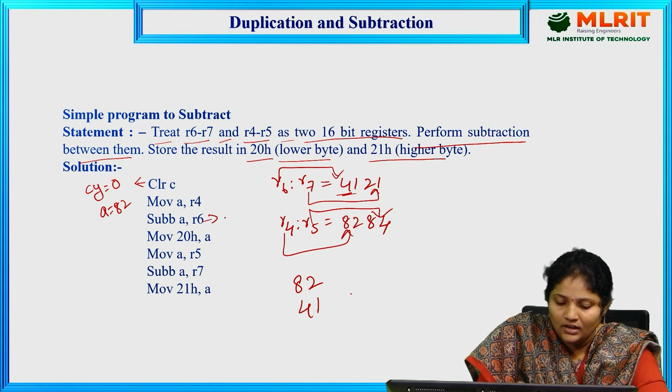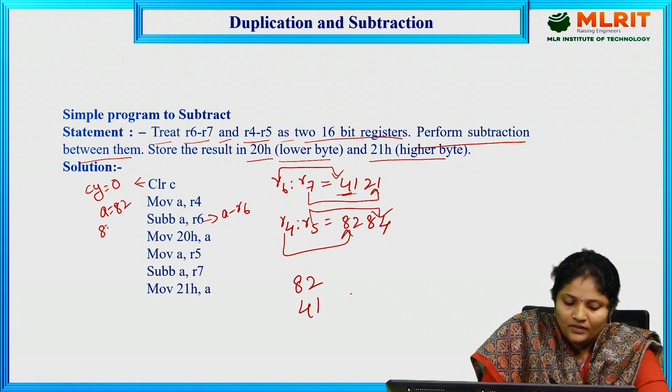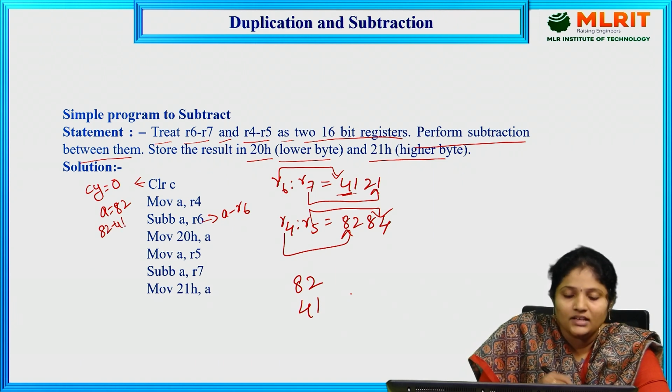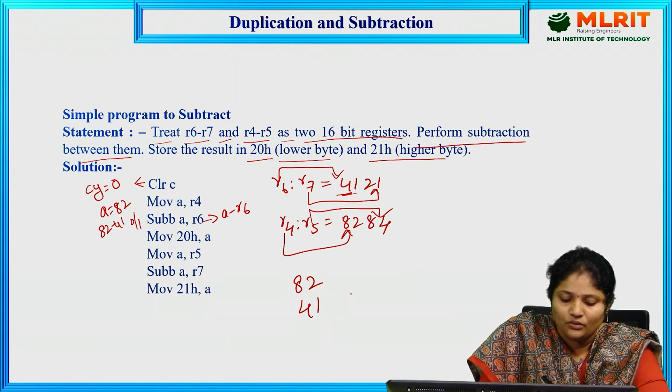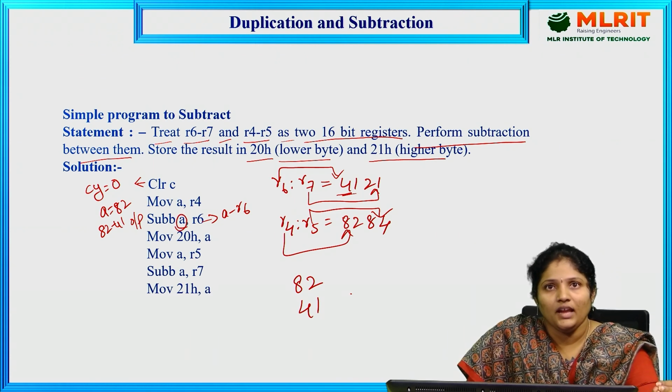So here A minus R6, the data present in A is 82 and minus the data present in R6 is 41. So the highest byte will be subtracted and the output will be stored in which one? A register.